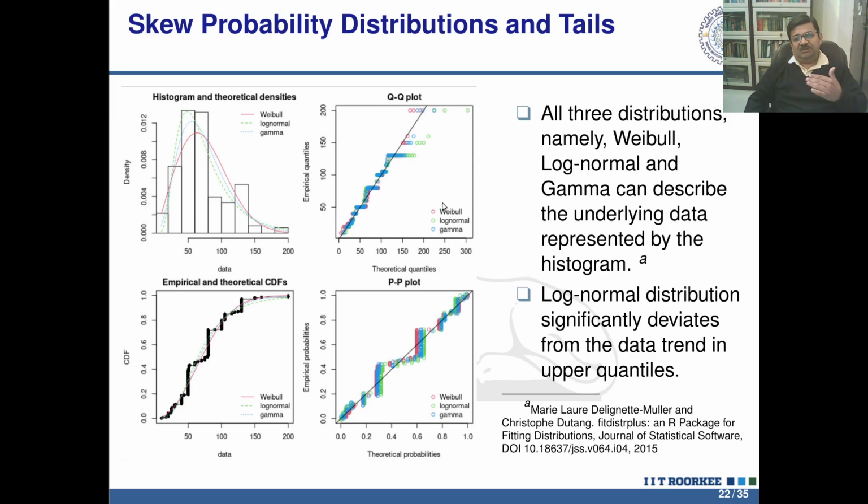So just to drive home the point, all three distributions, namely Weibull, log normal, and gamma, can describe the underlying data represented by this histogram. Log normal distribution significantly deviates from the data trend in the upper quantile. So that is something we should keep in mind, that log normal is a heavy tail distribution, with large probability mass in the tail region about which we have no reliability at all.